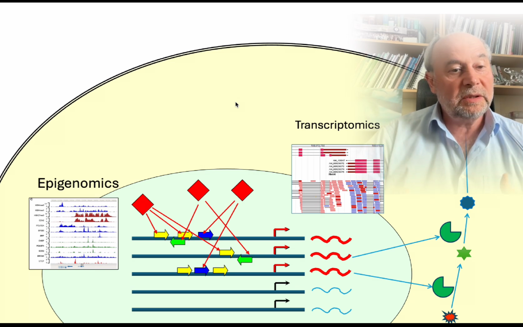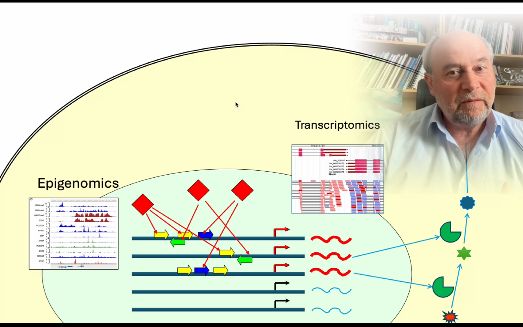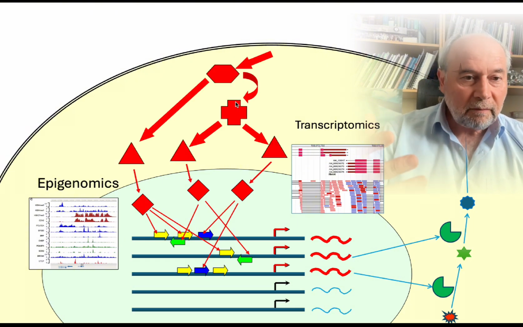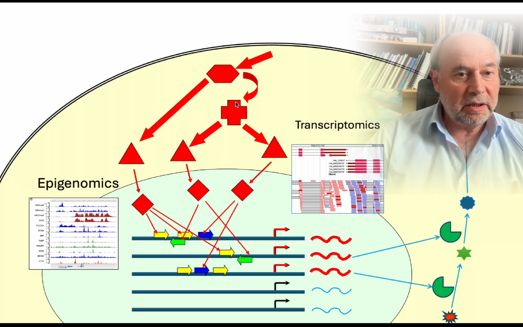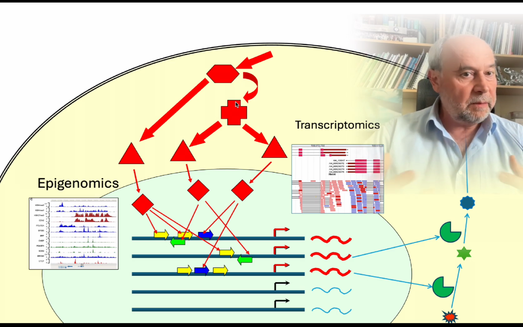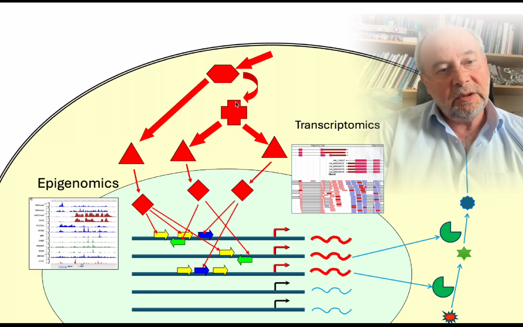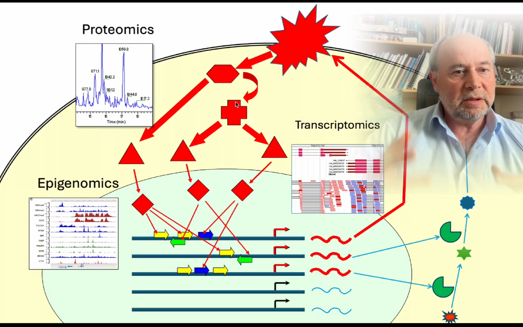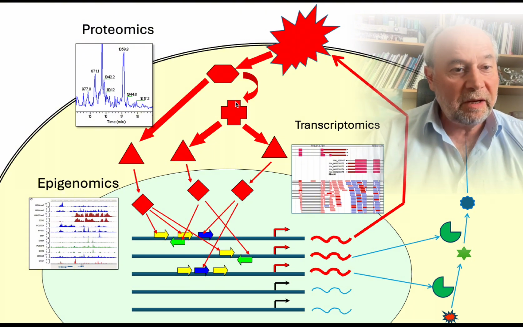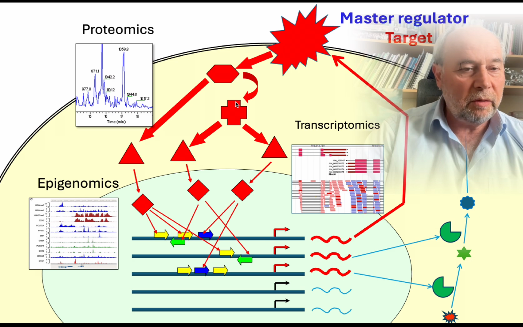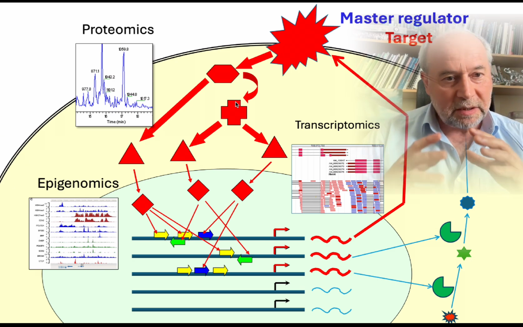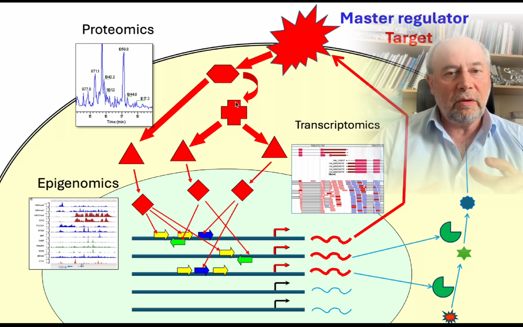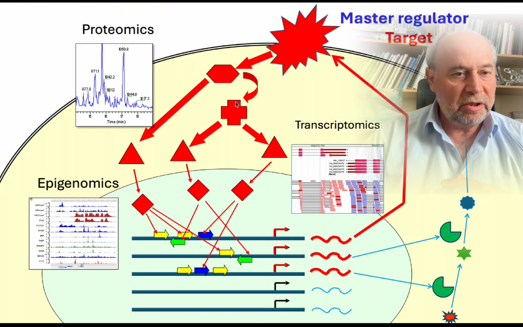Once we understand which transcription factors are important for changing the expression of our genes, we can go upstream and ask why those transcription factors changed their activity, why they suddenly became active in the new conditions. By tracing the signal transduction network upstream from transcription factors, we can find what we call master regulators, a few signaling molecules which can control a lot of other changes in the cell.